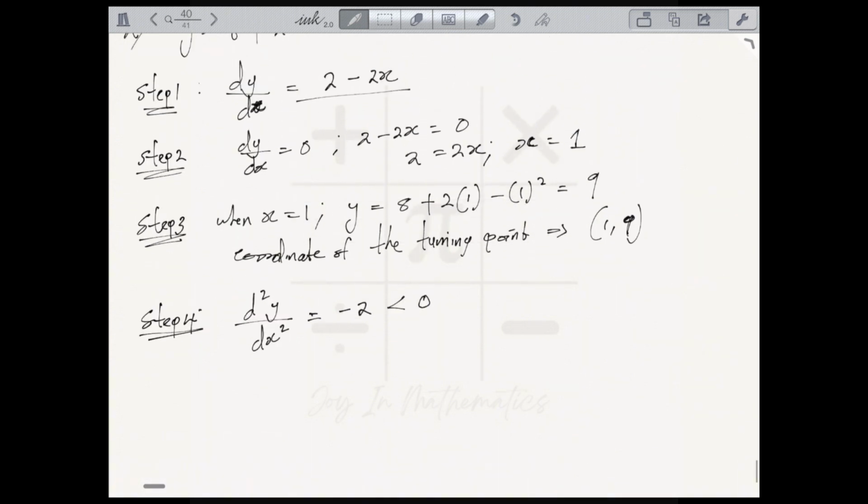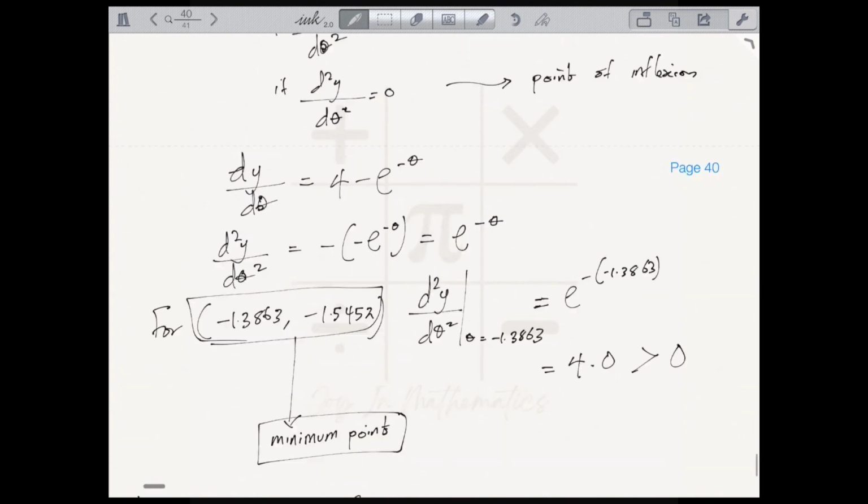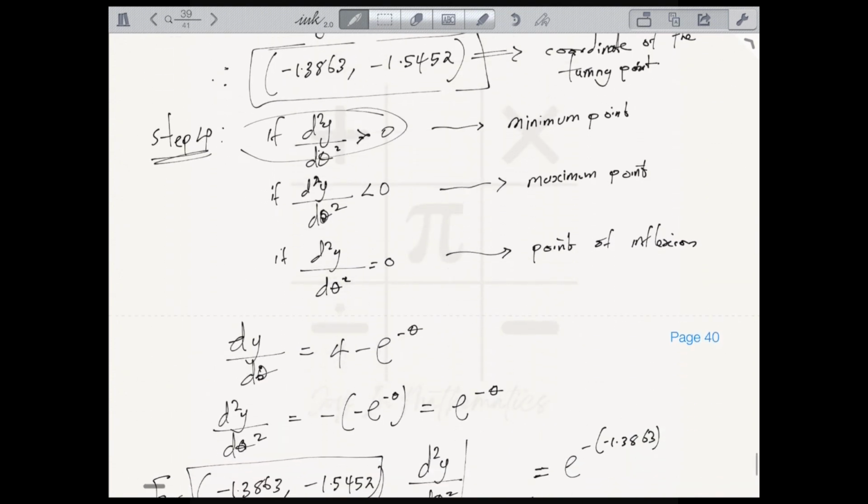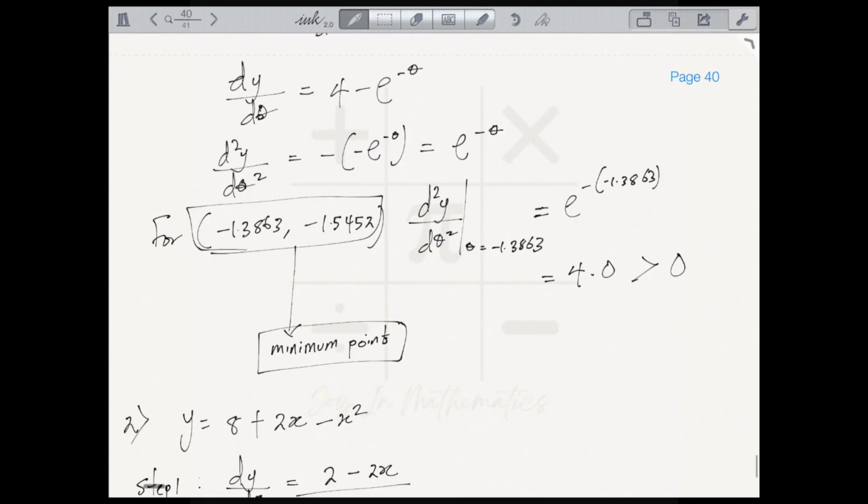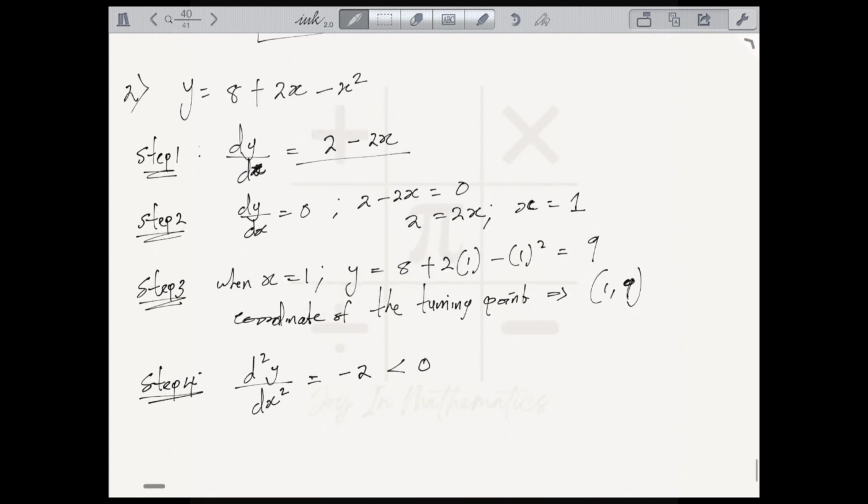And if it is less than 0, we have that the point is a maximum point. d²y/dx² less than 0, hence 1, 9 is a maximum point.